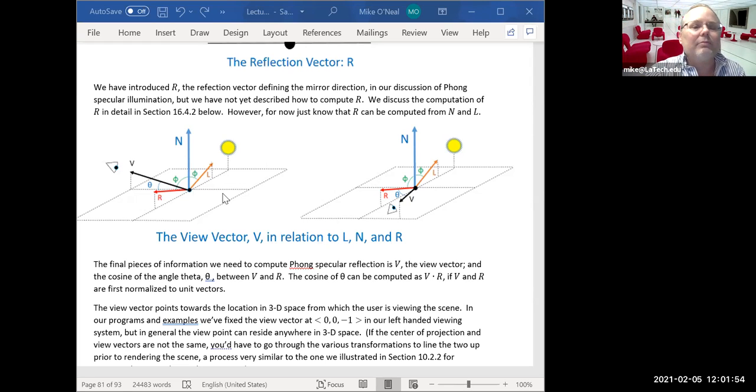So I still have to worry about the angle between my view vector and my reflection vector, even if my view vector is always fixed at 0, 0, -1, because the reflection vector certainly isn't going to be fixed. It's going to vary.